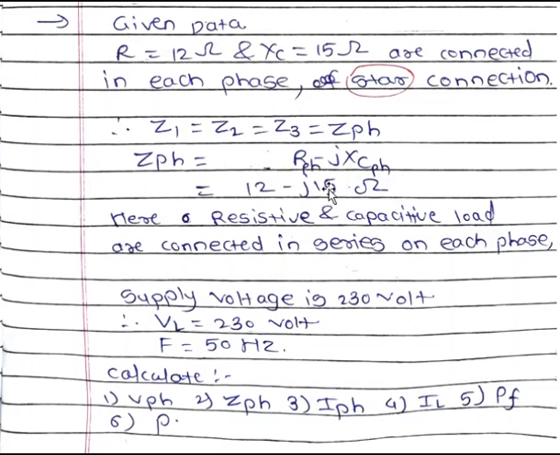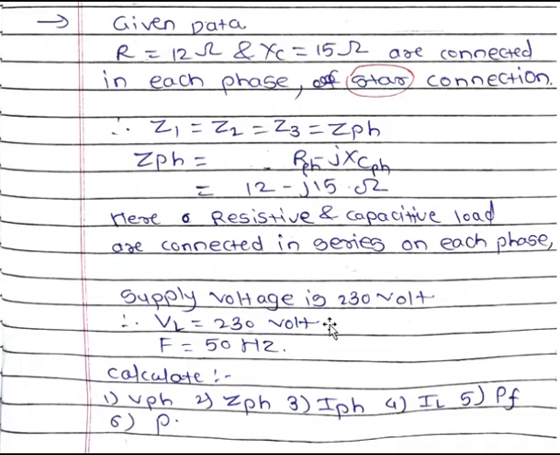Reactive nature means either inductive reactance or capacitive reactance. In case of inductive reactance we write the plus sign, but in case of capacitive reactance we write the minus sign. Here resistive and capacitive load are connected in series on each phase.